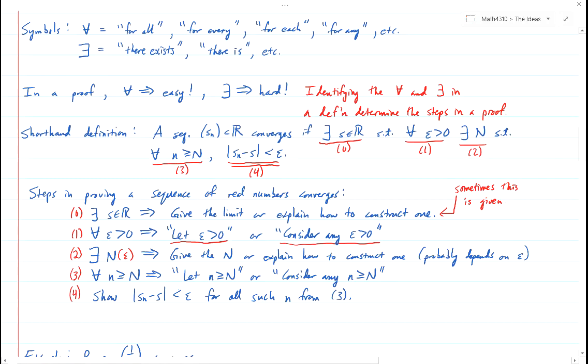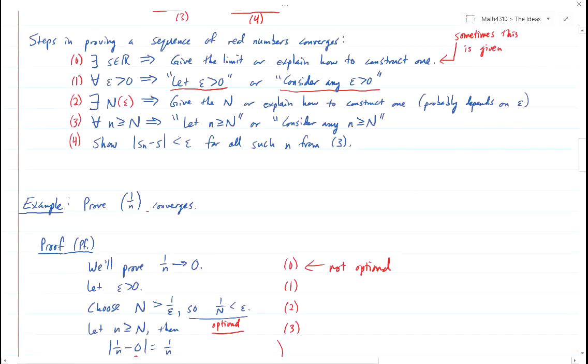We will have divergence with a limit existing when we talk about divergence to plus or minus infinity. But without that, we'll say a sequence diverges if for every real number S, there exists an epsilon greater than 0, such that for every capital N, there exists a little n greater than or equal to capital N, such that the distance between Sn and S is greater than or equal to epsilon. That will be the logical negation.